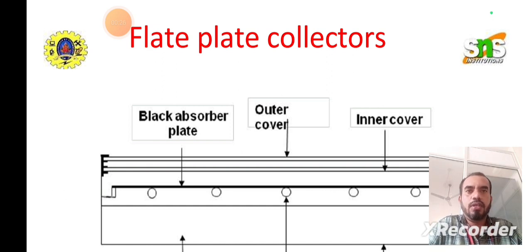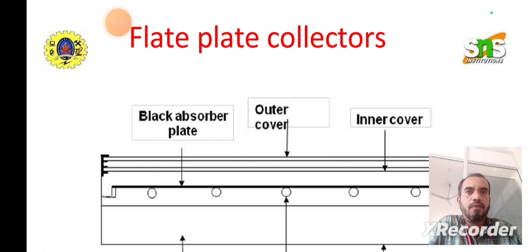We have also seen how the energy is converted into electrical energy, and what a collector is and what the different types of collectors are.